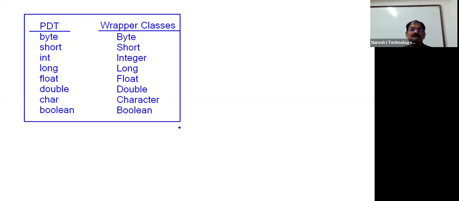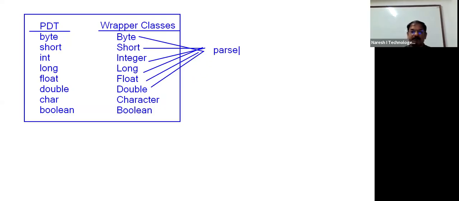Okay. Now tell me, in these classes, Byte, Short, Integer, Long, Float, Double, in all these classes we have a method called what? parseXXX. What is the meaning of parseXXX and what do you pass here? String. Now this XXX is nothing but the data type.